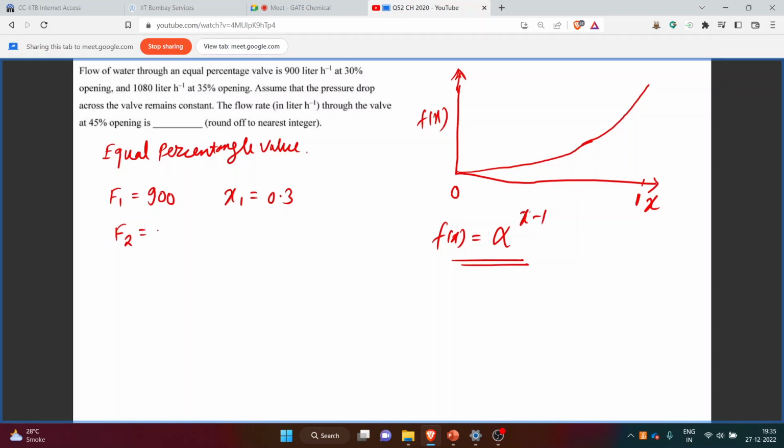Now we have been asked the flow rate at 45% opening, that is F3.